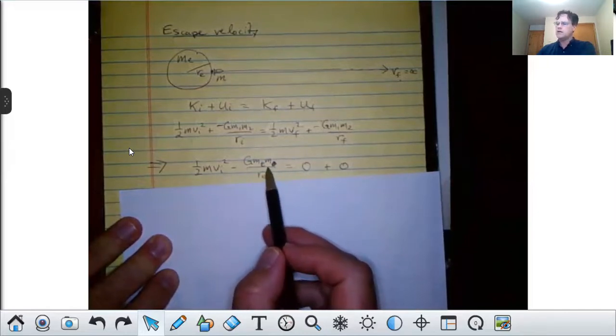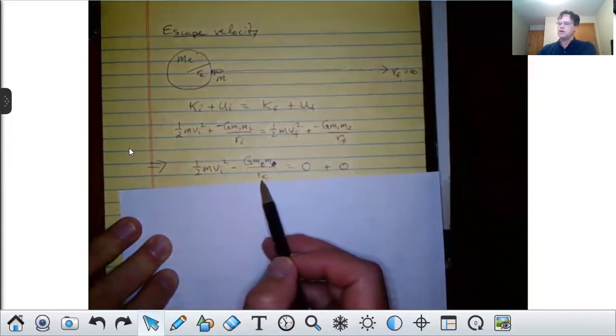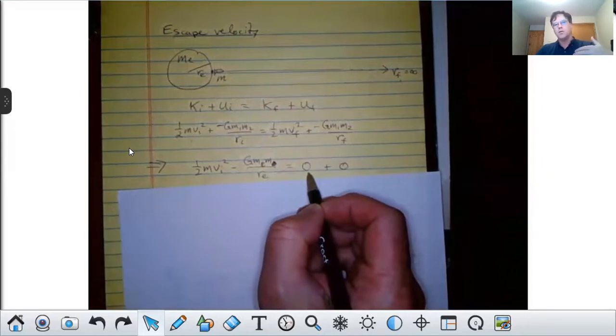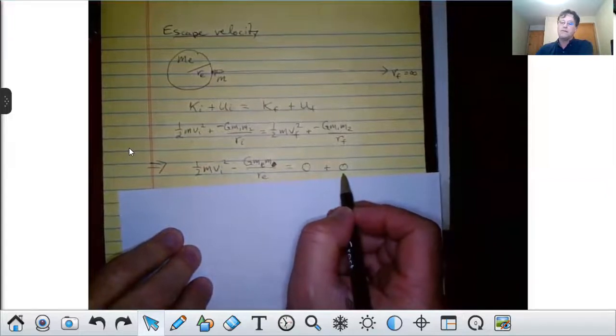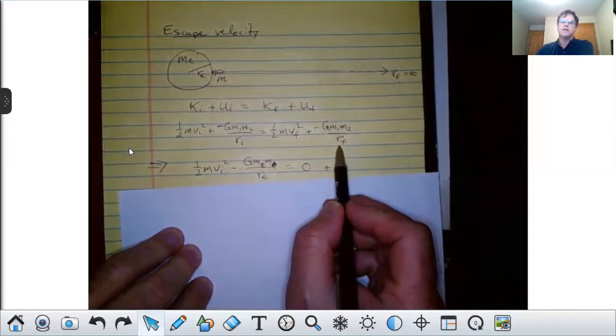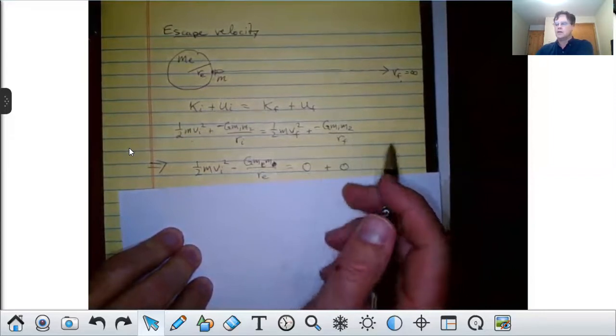Negative G M_E times m, the rocket's mass, over R_E. Now the final kinetic energy is 0 because I want to just barely escape. I want to end up infinitely far away with just 0 velocity. I'm just barely going to get out of the Earth's orbit. My final potential energy is 0 because r final becomes infinite, right? It's huge, making this basically 0.